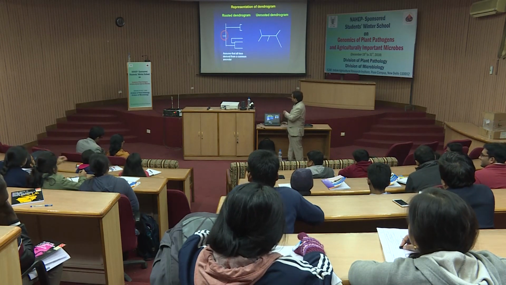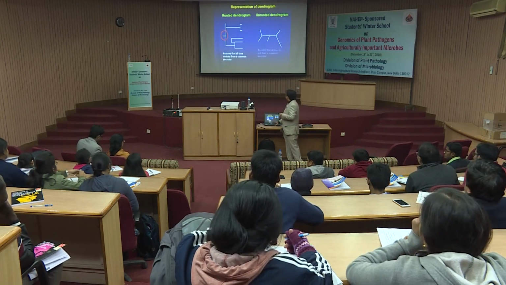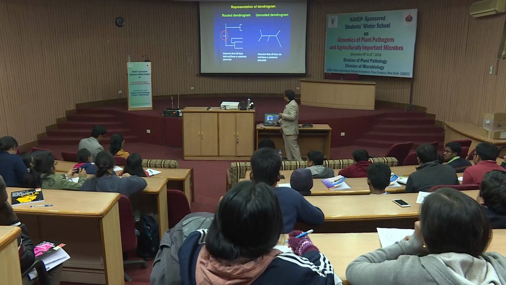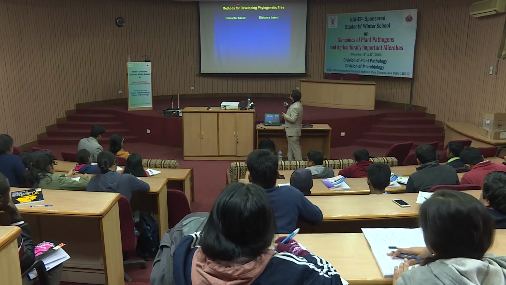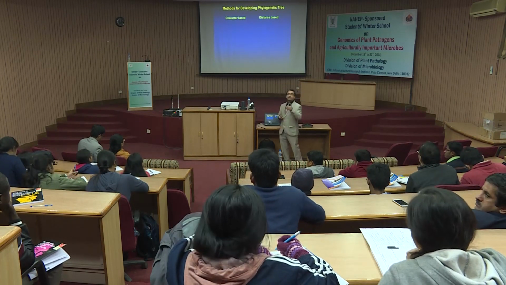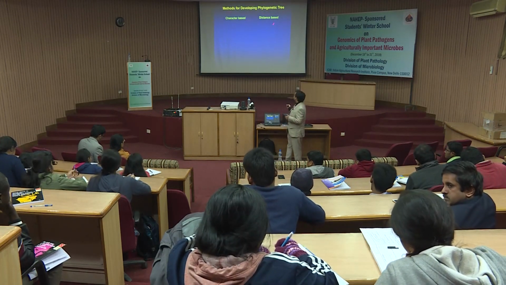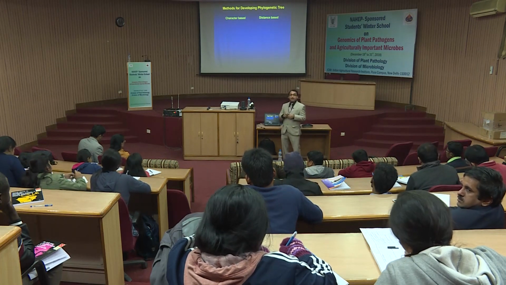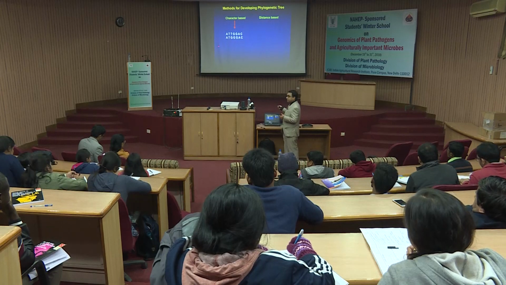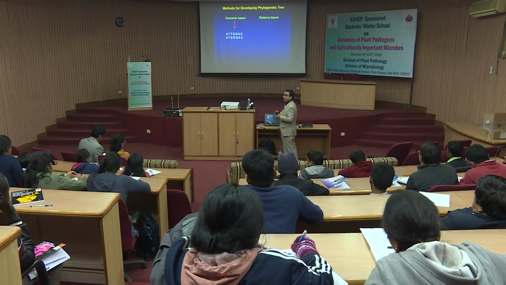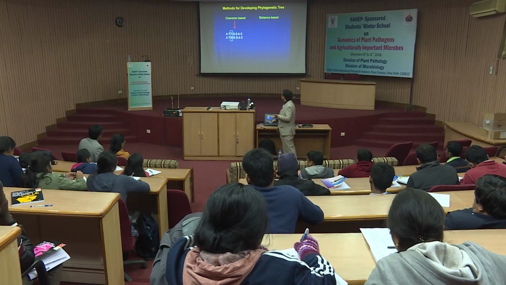So, assume that all taxa derive from a common ancestor, and assume that all taxa do not have a common ancestor. Then there are two different methods of generating this phylogenetic tree. One is called the character based method, another is called the distance based method. Character based method means, suppose these two are the sequences, we analyze nucleotide by nucleotide.